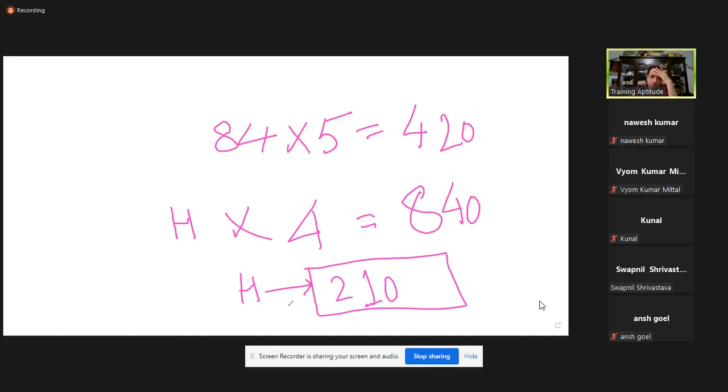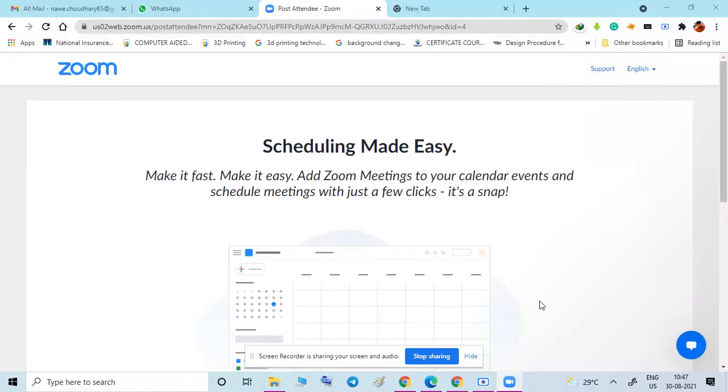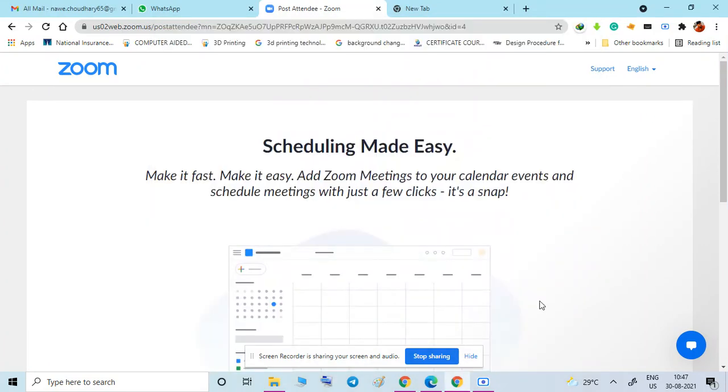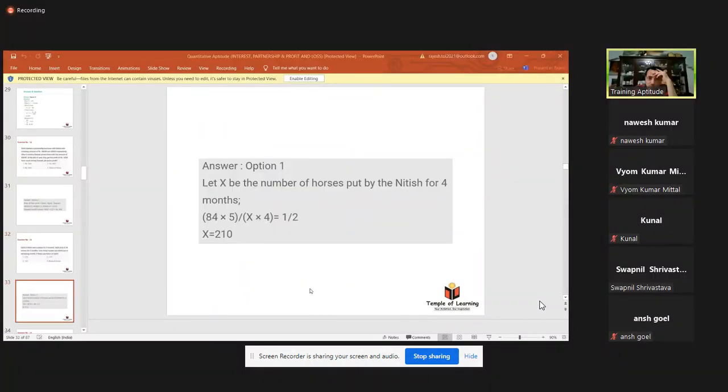Whatever ways you want to do it, as long as you understand and interpret it correctly, everything is fine. So they have done it by ratio, which is perfect.